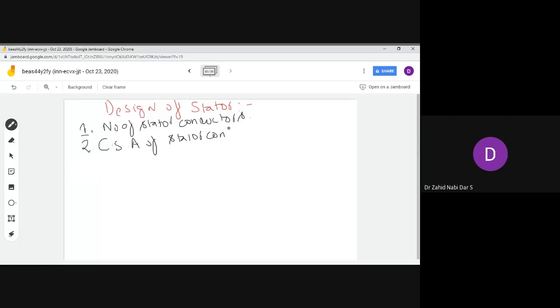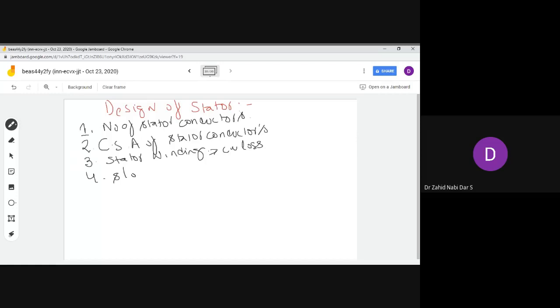The third property that we are interested in would be the stator winding itself, how we are winding the stator and how we are choosing the type of the stator winding, because all the copper losses are attributed to this stator winding. Usually the rotor copper loss is very less in case of an induction motor. If you go back to your previous semester, you'll also understand. So usually it's neglected if you don't require a very precise calculation.